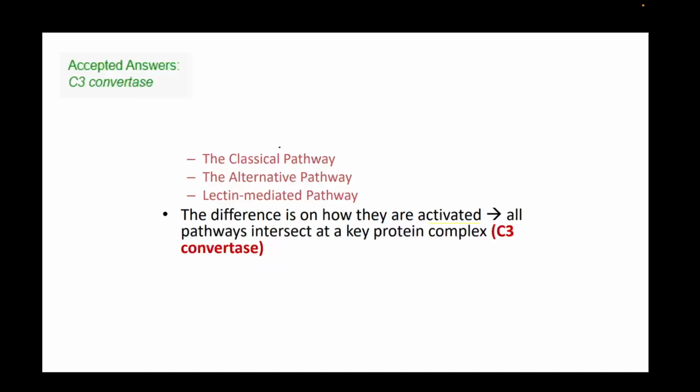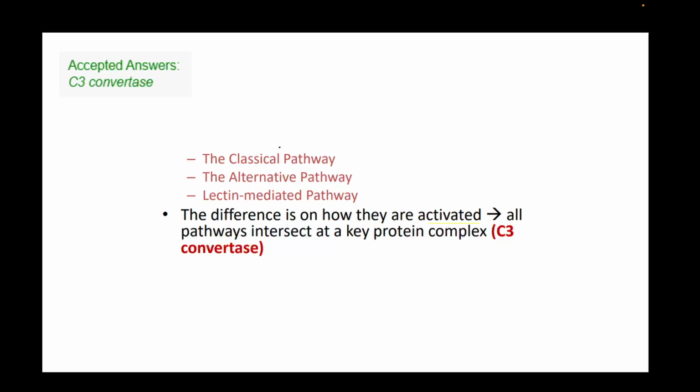So the correct answer here would be C3 convertase. There are three arms of the complement cascade systems: the classical pathway, the alternative pathway, and the lectin-mediated pathway. And all of these converge at the formation of the protein complex known as the C3 convertase.